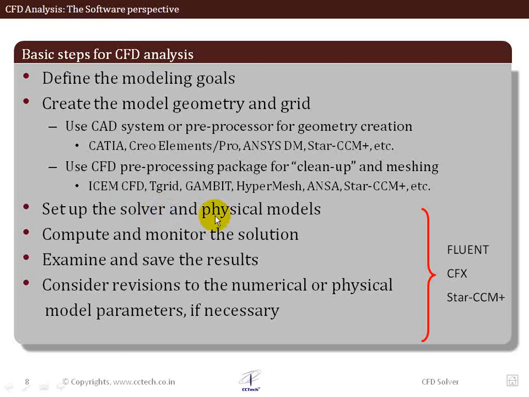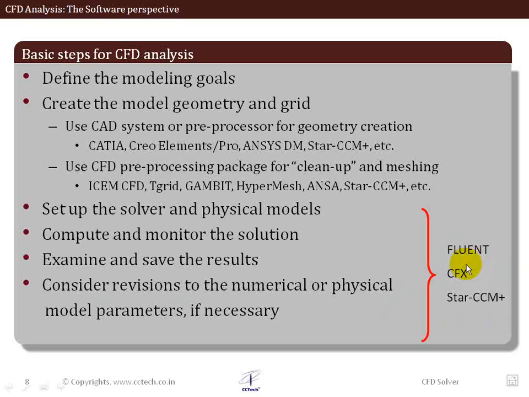So once we take that discretized geometry from this step into the solver, that's where we set up the physical models. We set up what the physics is. We try to explain to the solver in which way the equations have to be solved, and we finally start having a solution to our problem. Once we have the results, we try to save it, we try to examine the results. That's when we say we are doing some post-processing. So this step can be performed in Fluent, CFX or Star CCM Plus.